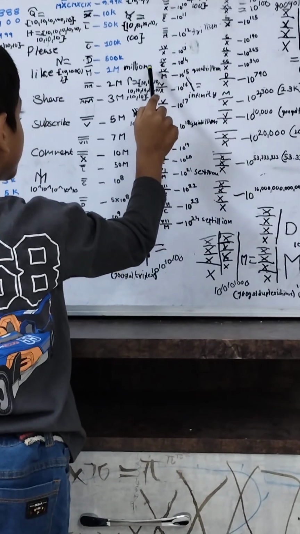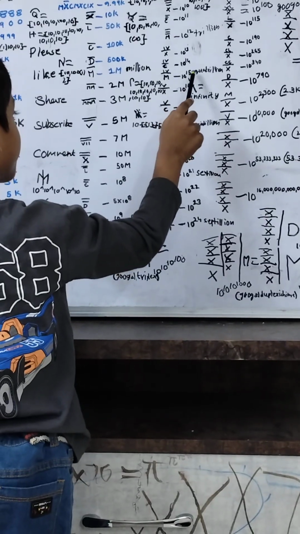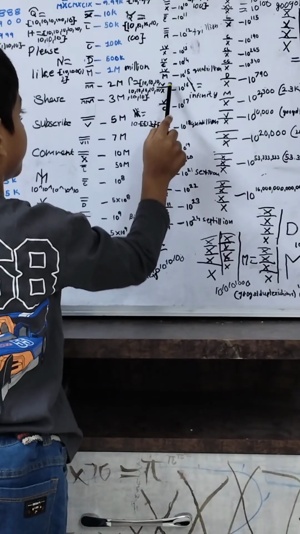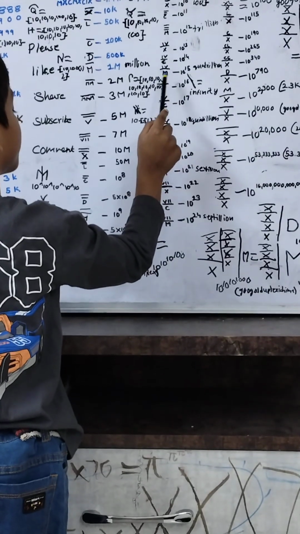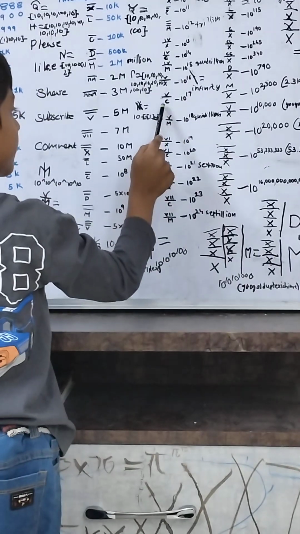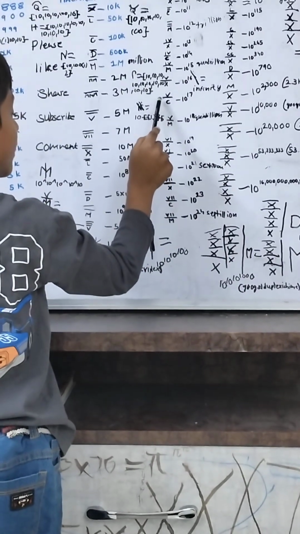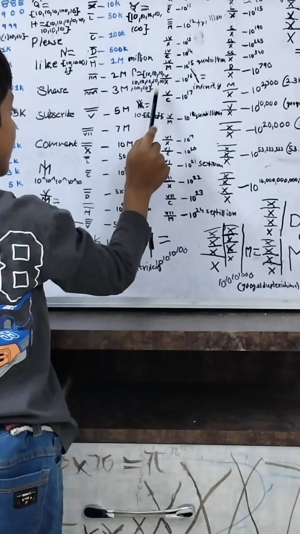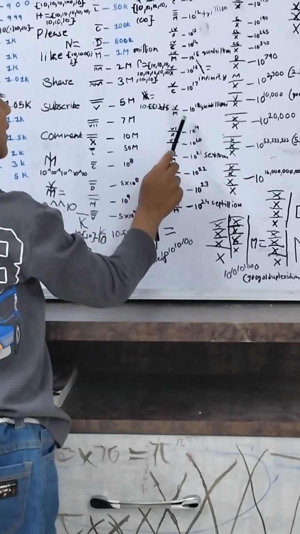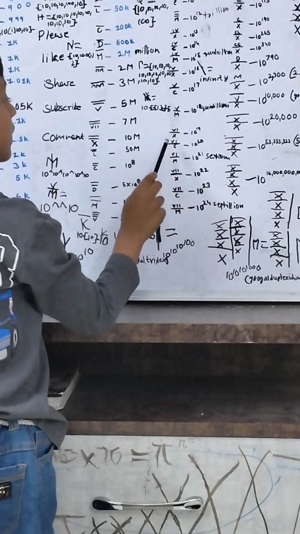M followed by 4 overlines is 10 to the power of 15. X and V on top of X, or X followed by 5 overlines, is 10 to the power of 16. C with 5 overlines is 10 to the power of 17. M with 5 overlines is 10 to the power of 18.